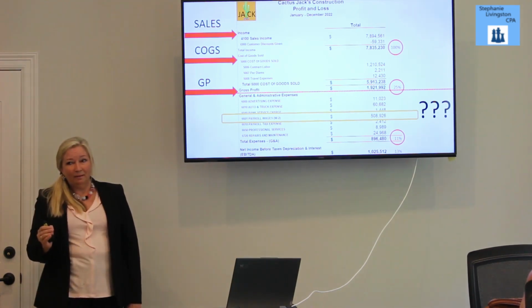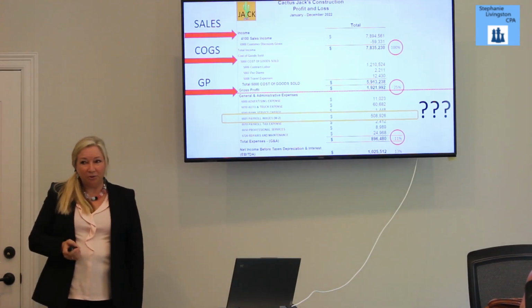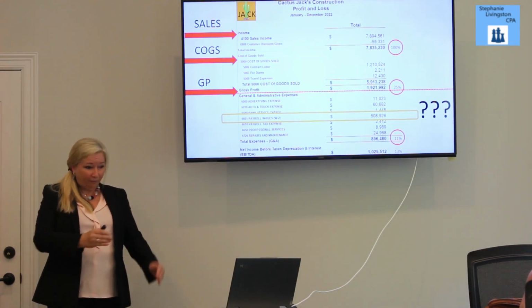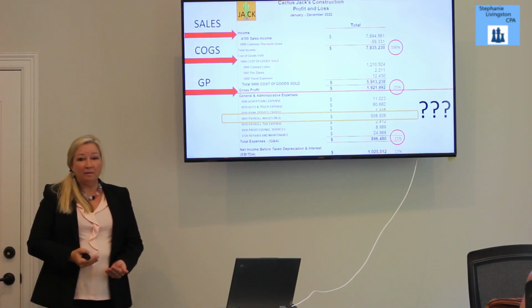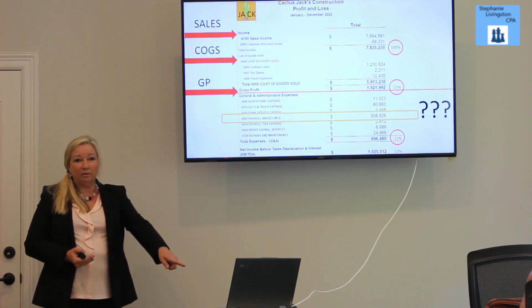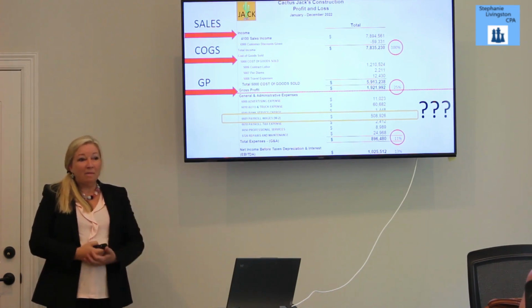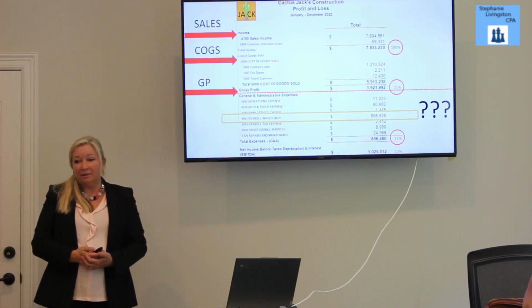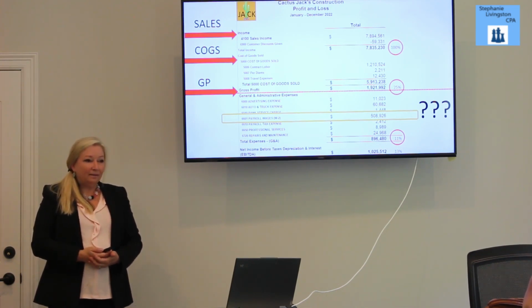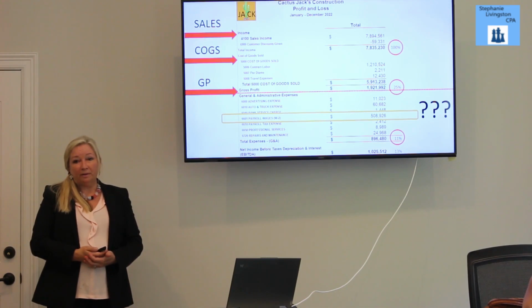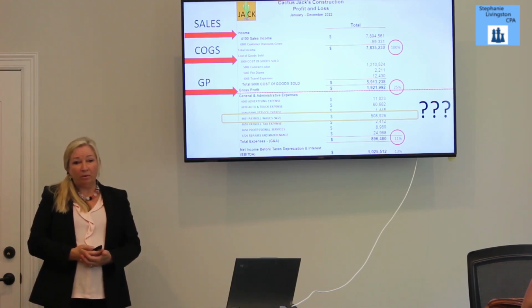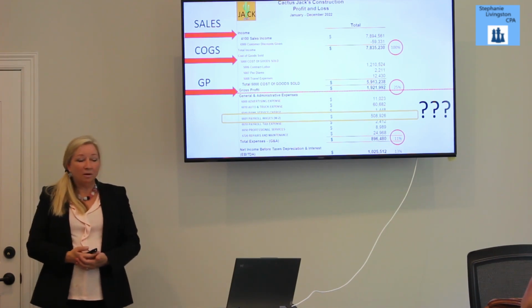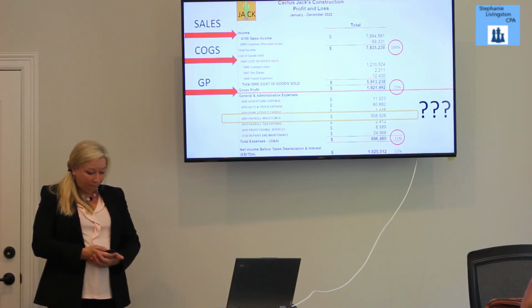Is my 25% a true good number? If some of my above the line activity is actually sitting below the line, did my 25% just lie to me? Yes, it did. So that's where we go back to, on the back end, there is some bit of work to this. You have to make sure your payroll that belongs to the top goes to the top. Your payroll that belongs to the bottom goes to the bottom.